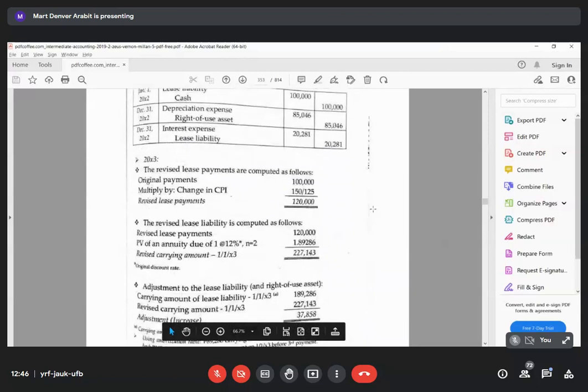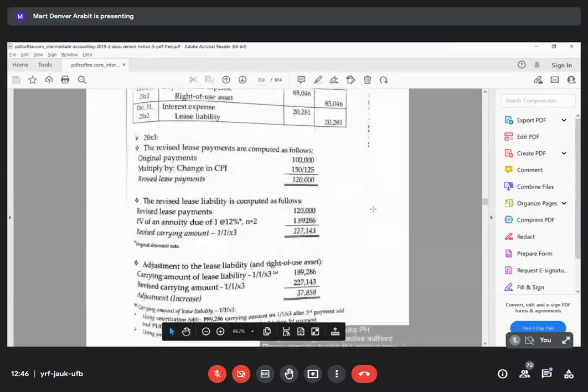Okay? So, the difference would be 37,000. So, this is the increase in lease liability and ROU, the effect of the change in variable lease due to the change in consumer price index.